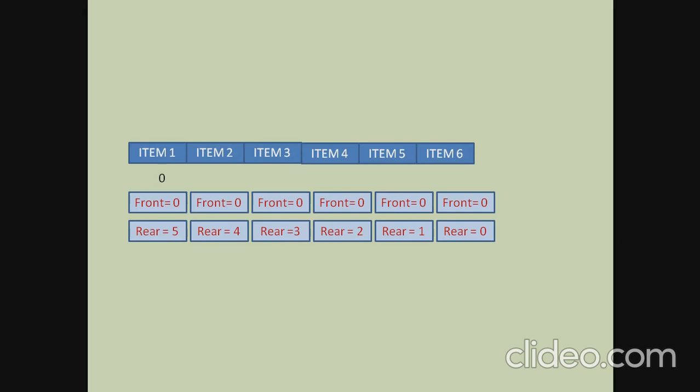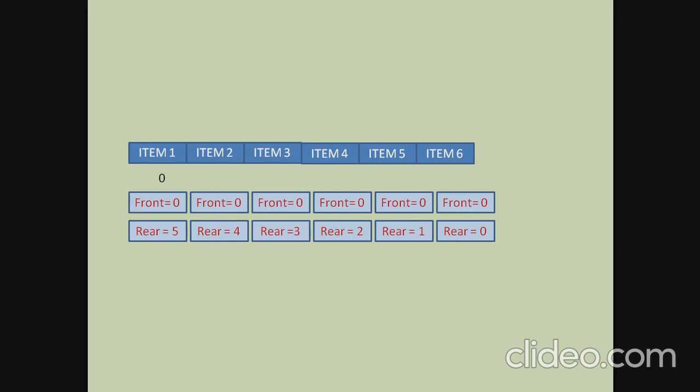After item 1 is deleted, then item 2 would be deleted. After item 2, item 3 would be deleted. So here we need to understand that in lists which are being implemented as a queue, we always delete from the front.